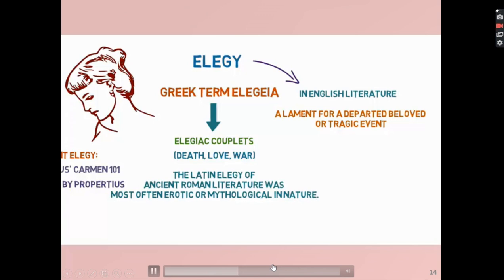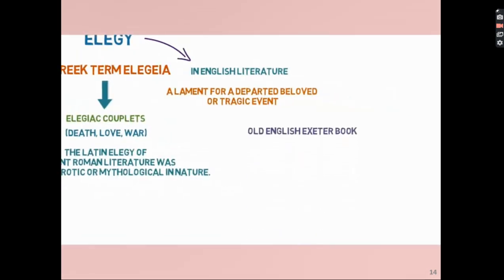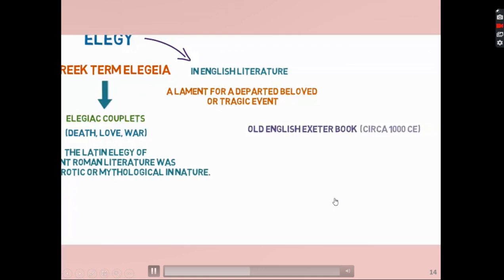The broader concept was still employed by John Donne for his elegies, written in the early 17th century. This looser concept is especially evident in the Old English Exeter Book, circa 1000 CE, which contains serious meditative and well-known poems such as The Wanderer, The Seafarer, and The Wife's Lament.